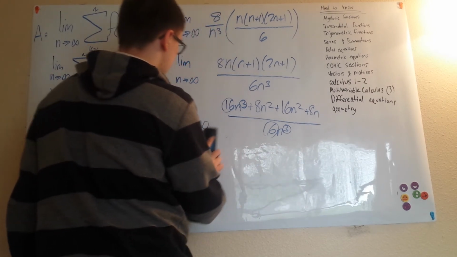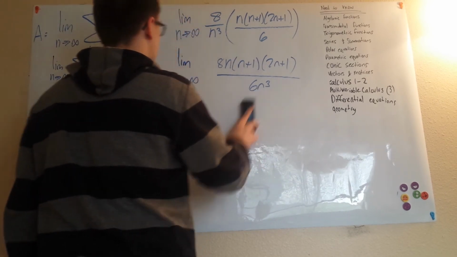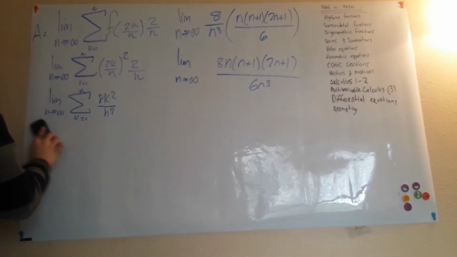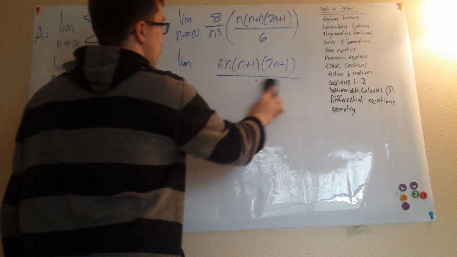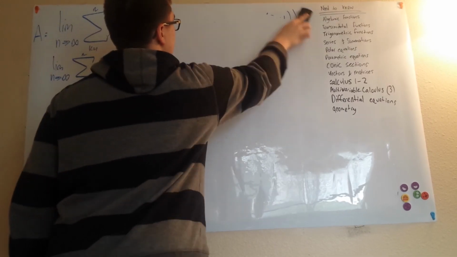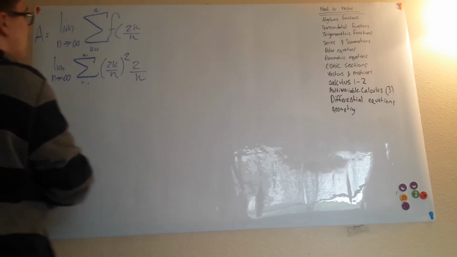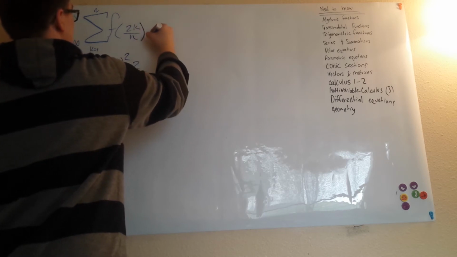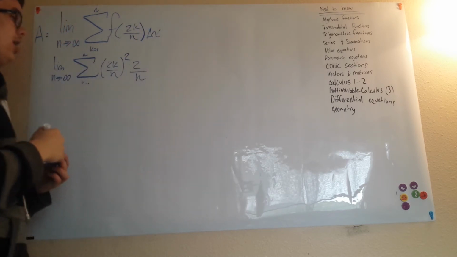So let's say we had x squared plus 2x plus 1. I'll just randomly put that here. We still went from 0 to 2, so we still had kind of the same form, and we still had the right endpoint formula.